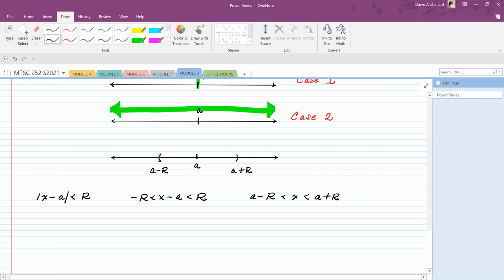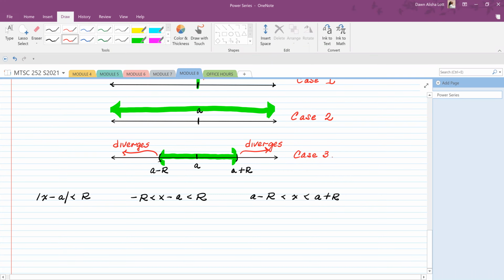And it converges in this spot, just there. But I have to check everywhere else, and it diverges everywhere else. So here and here, it's going to diverge. And this is case 3.